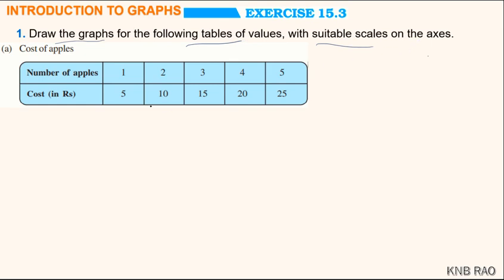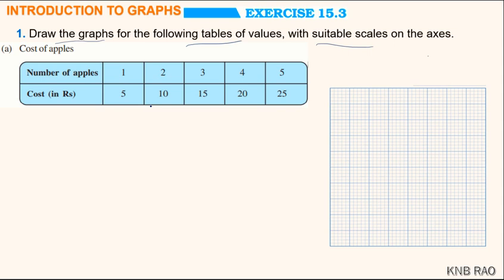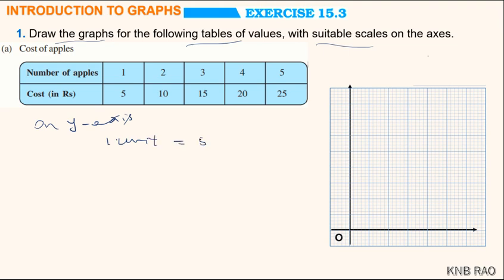So here I am plotting a graph. First I took a graph sheet, drew a horizontal axis and a vertical axis, and took their point of intersection, which are perpendicular to each other, as 0. Then I am deciding a scale. What is the scale for me? Here on the y-axis I have chosen 1 unit as 5.